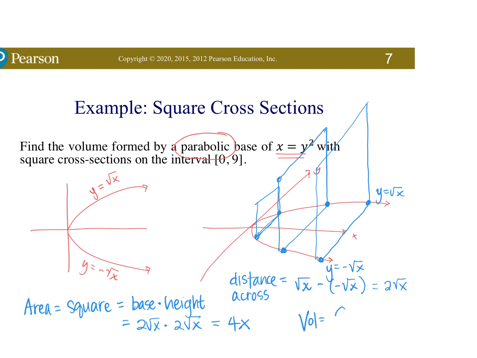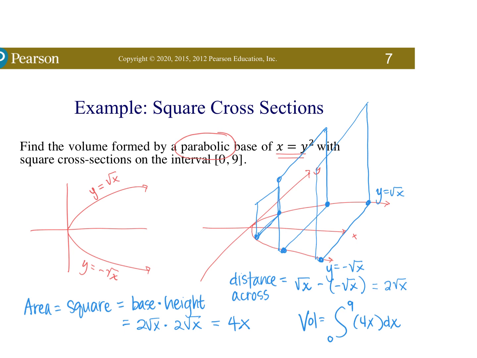Volume then would be the integral. And where am I starting and where am I stopping? 0 to 9, because I read that in the problem, 0 to 9. And then I'm going to take 4x dx. So whatever my geometry was, an integral will make it three-dimensional and turn it into volume. Now, is anything about that constant?